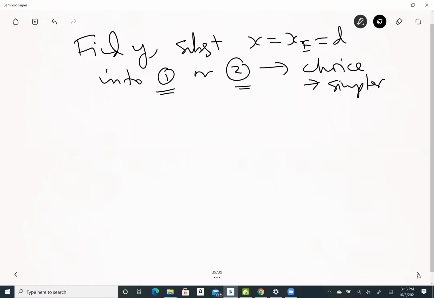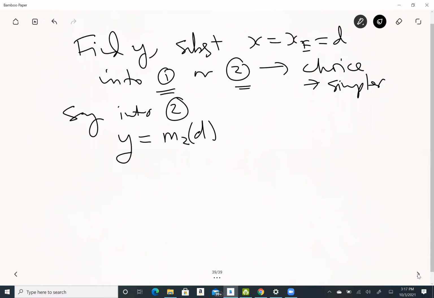So substitute into 1 or 2, say into 2. So now what you have is Y equal to what? M2 times X, and now the X is the value of XE, which is D. So you put in D there, plus B2.